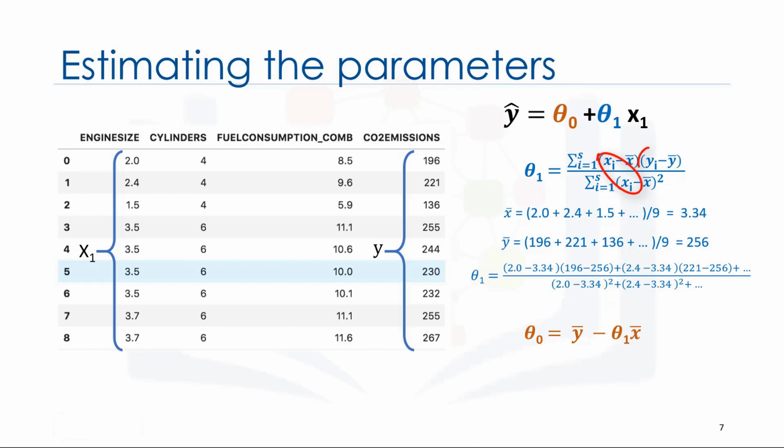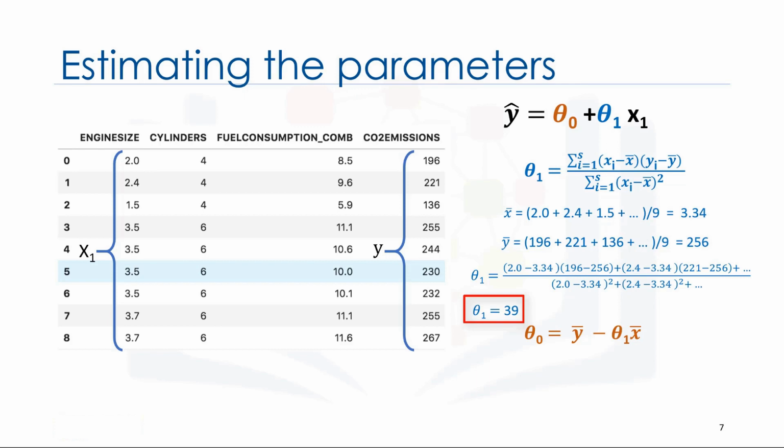The xi and yi in the equation refer to the fact that we need to repeat these calculations across all values in our data set, and i refers to the ith value of x or y. Applying all values, we find theta 1 equals 39. It is our second parameter.